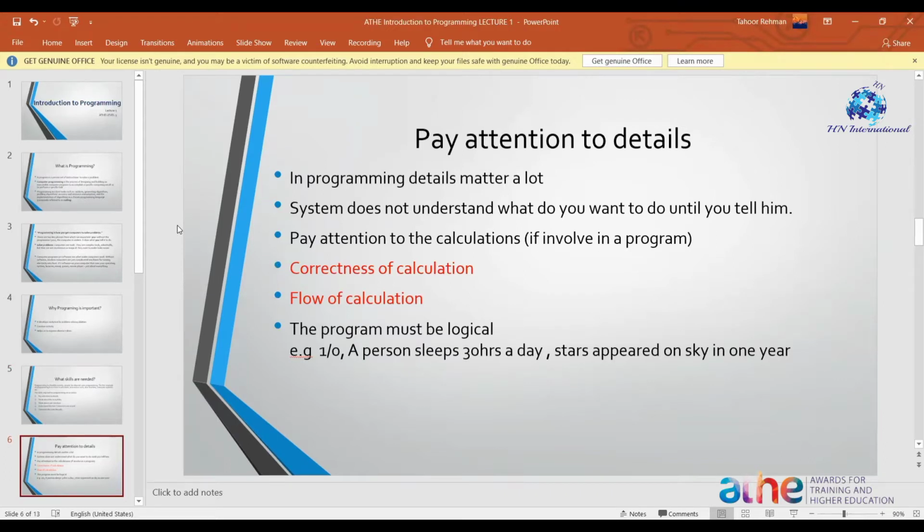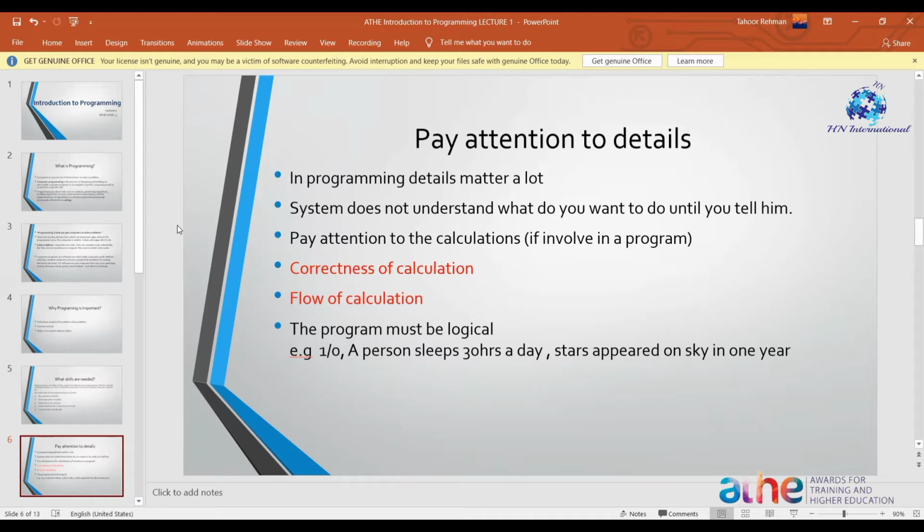As Nisma said, you need to be thorough with the programming language. Even a slight error while entering the code can change the entire program. And we need math too, equations. Yes. So basically in programming, details matter a lot. The system does not understand what you want to do until you tell it.